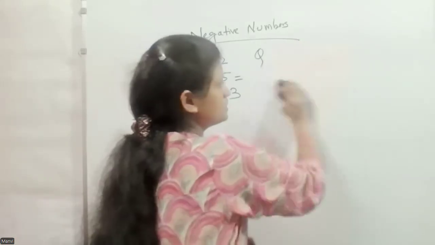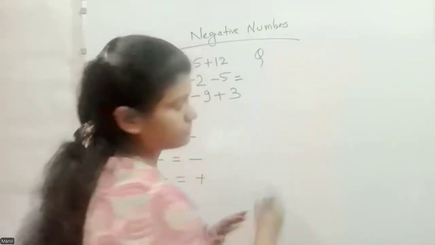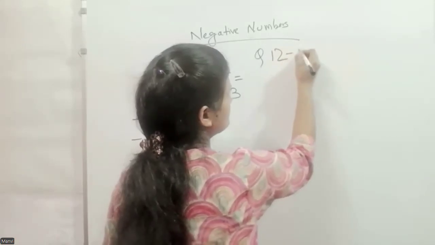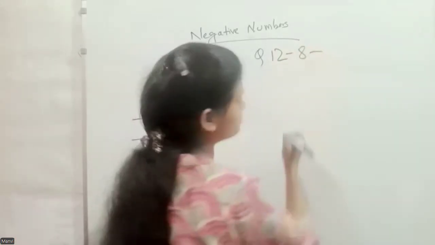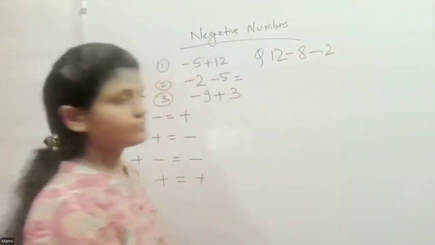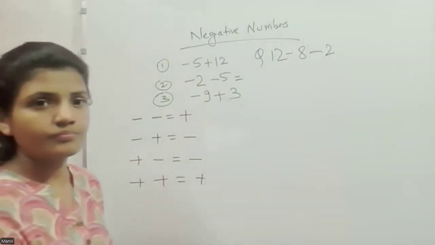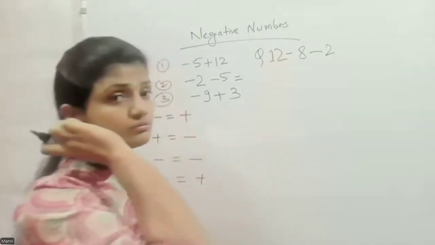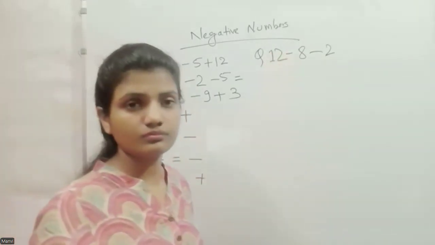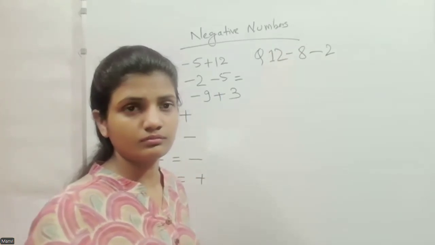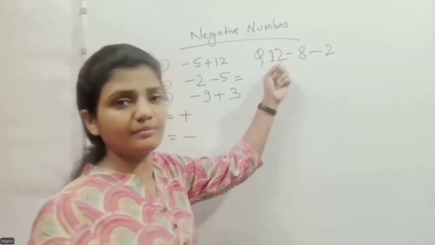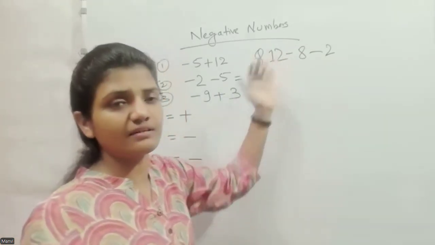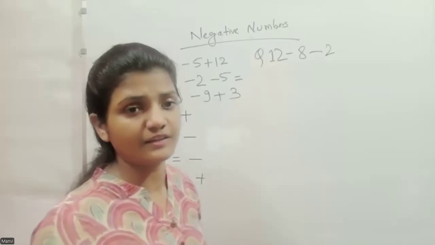Now try to solve this question. 12 minus 8 and minus 2. So that's 12 and then that's 8 and that's 2. 12 is in plus sign because if nothing is written in front of it, then it means it is in plus sign.